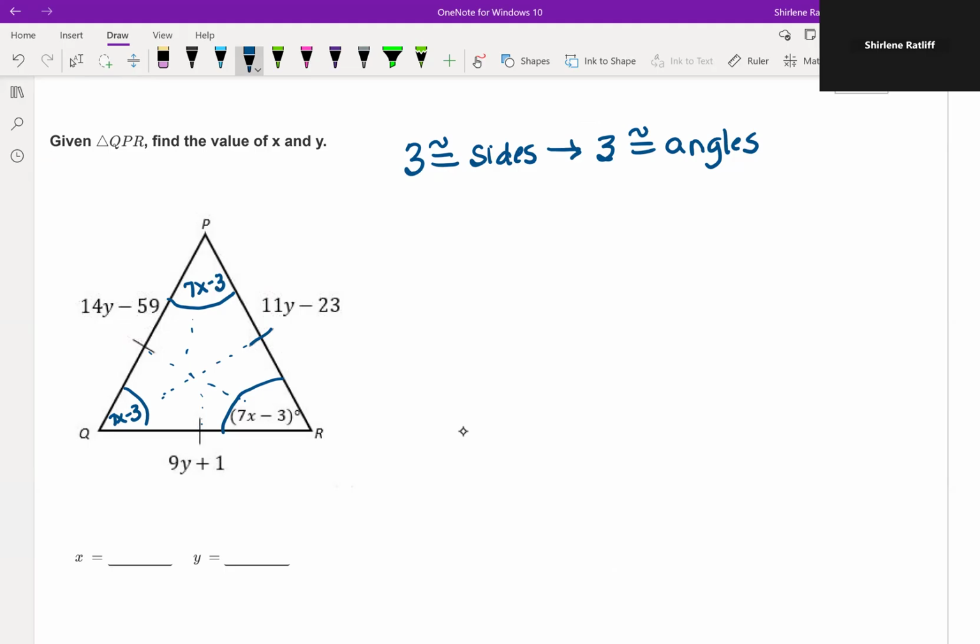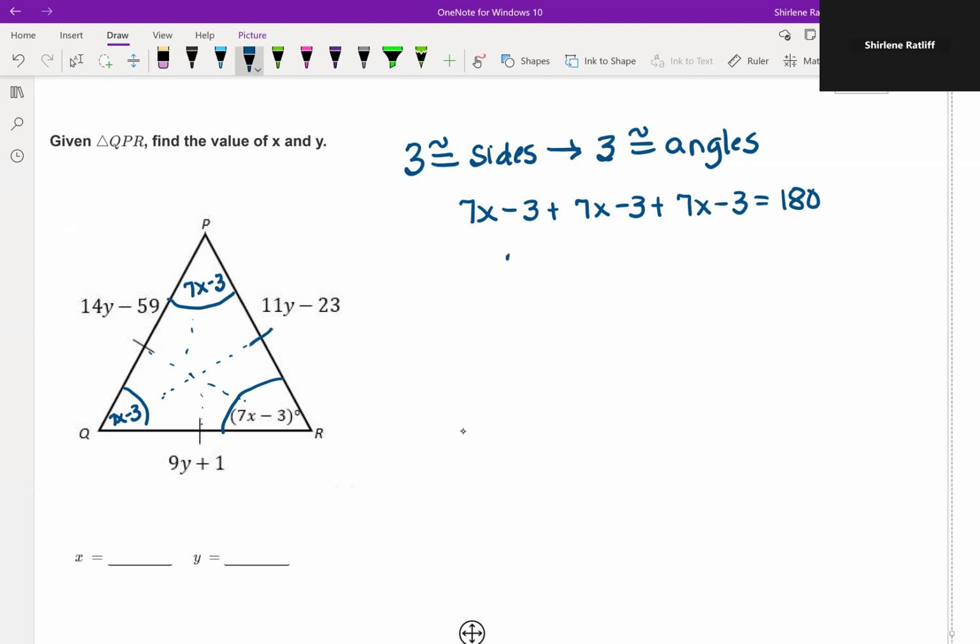Now, you've got to think about the angles of any triangle. The angles inside of any triangle will always add up to equal 180. So your equation would be 7x minus 3 plus 7x minus 3 plus 7x minus 3 equals 180.